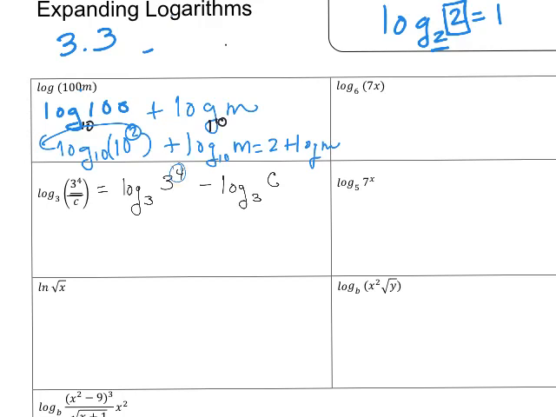This 4 comes down out front, and now I'm left with 4 times log base 3 of 3, and all of that is equal to 1 because of the identity property that we talked about in the very beginning, minus log base 3 of c.